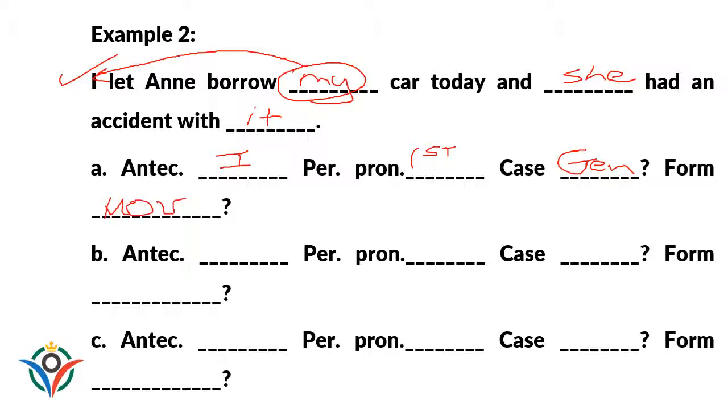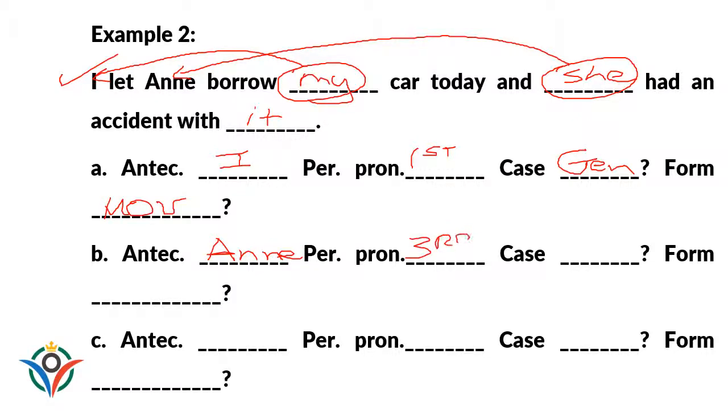All right, the next example with the pronoun she, the antecedent, it's referring back now to Anne, so the antecedent is Anne. All right, the personal pronoun, it is a third person personal pronoun. The case, it's functioning as a subject, so it's in the nominative case, but the form is the nominative feminine because she is feminine, so it's aute.